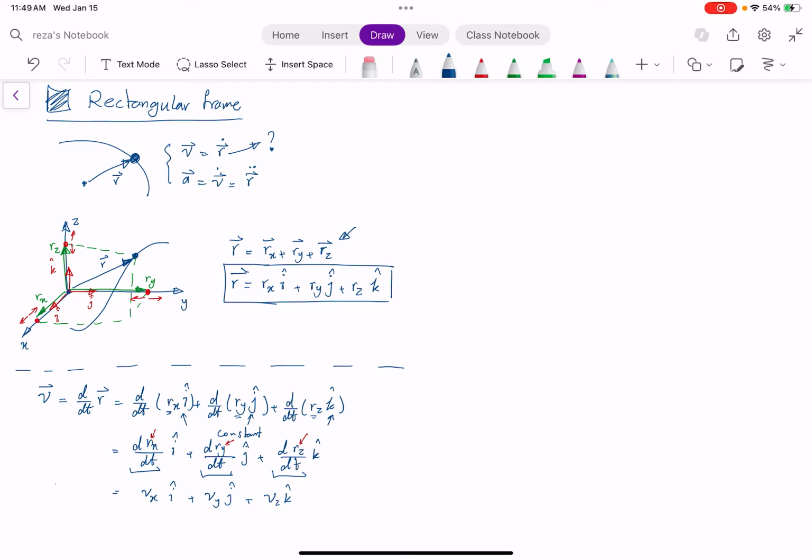So my velocity vector is created by considering the components of the velocity along each of those directions. There is this nice separation between different axes of motion. All I need to do is calculate individual components of the velocity, and my total velocity vector is the summation of all these three components.